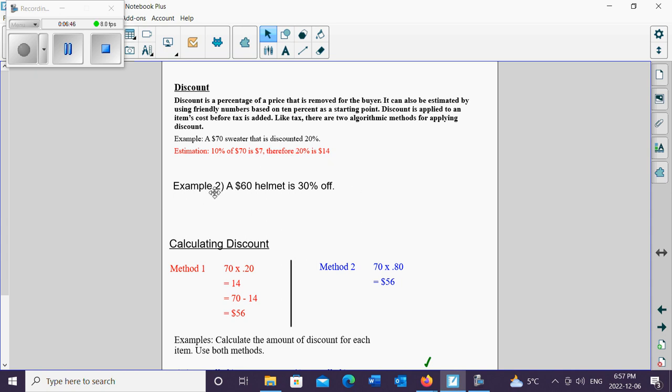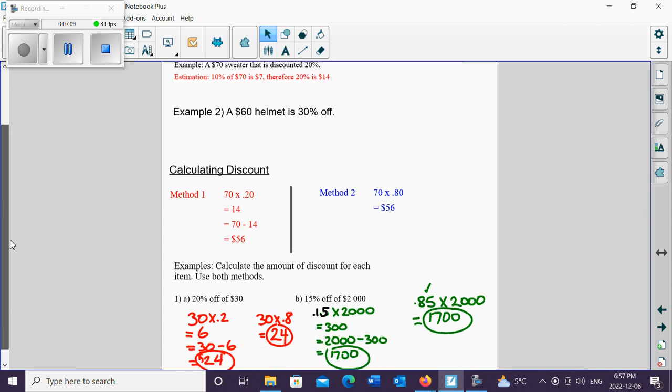And you can do that with different ways. If it was 15%, you would take 10% of 70, then you'd take half of that. Remember, it's only an estimate. You take 10% to start, and then you take a piece off, or you multiply it, whatever the percentage off is. When we're calculating discount for real, we're not estimating, and there are two methods to do it.